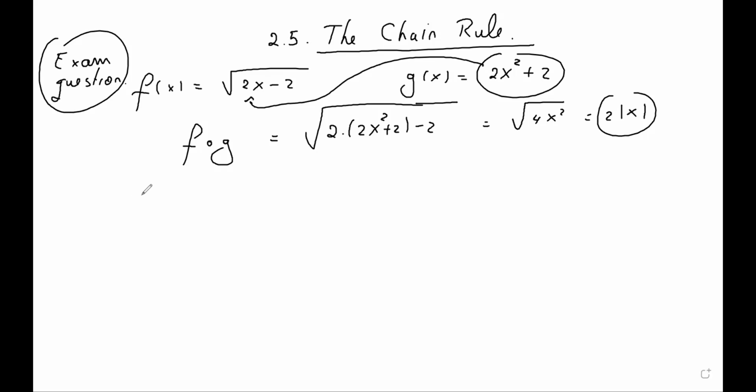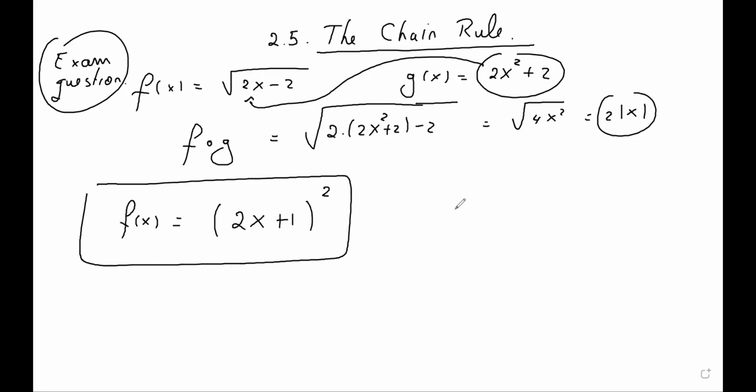The role of the chain rule is to take care of problems like this one: f of x equals something like 2x plus 1 squared, or something like the one earlier, the square root, that sophisticated formula. So when you have this kind of function, how do you do the derivative of that?